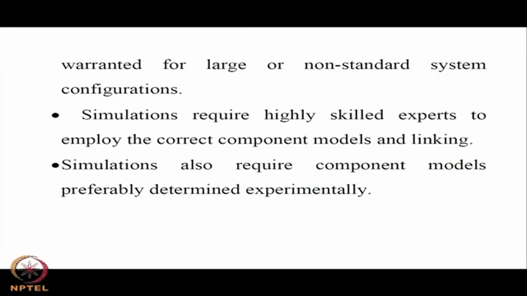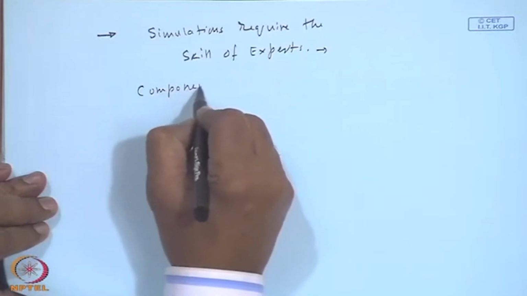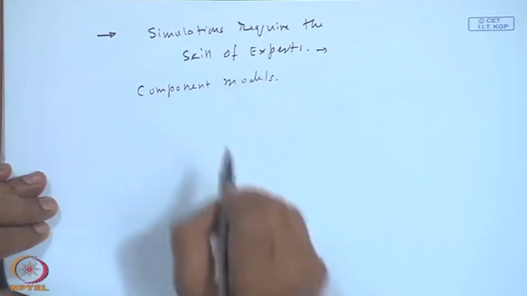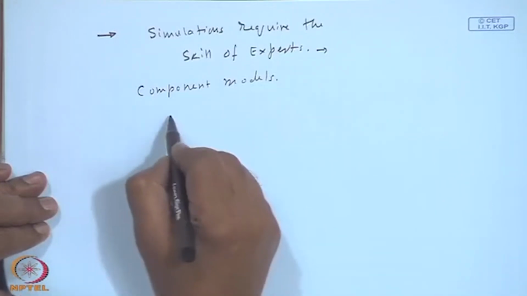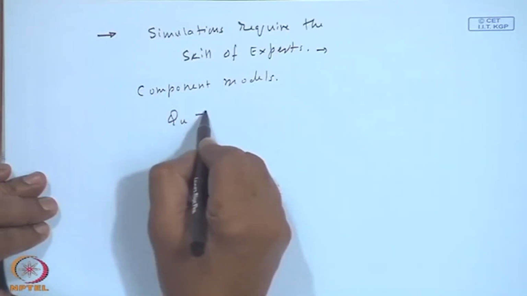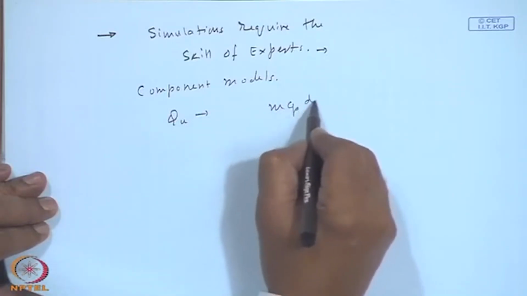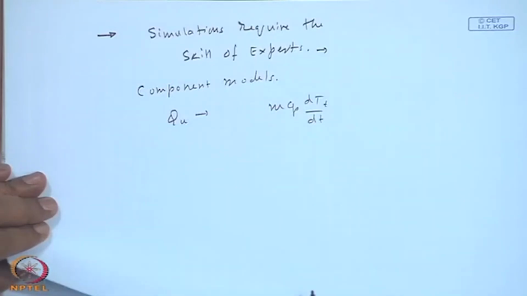So, these things of course require component models. Though it is a technical sounding term, it is nothing but whatever we have written for Q for the collector or the energy stored in the tank. These are the component models.